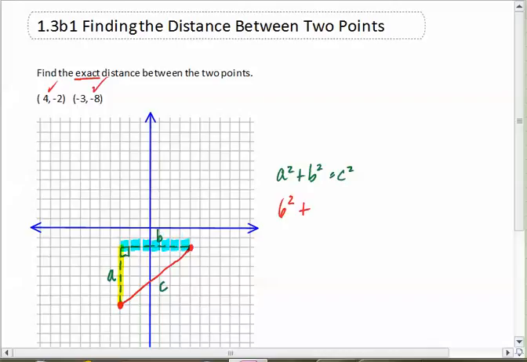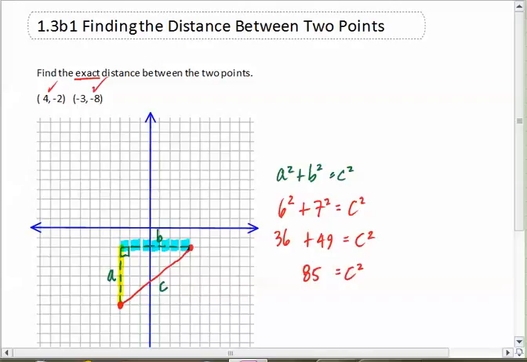So that's going to be 7 squared, and that's going to have to equal the hypotenuse squared, which is always the side across from the 90-degree angle, which would be the C. So let's go ahead and finish this up. That's 36 plus 49. Now you can tell that this is going to be very, very easy to get. This is going to be 85 is equal to C squared.